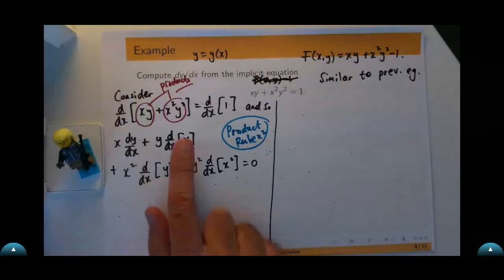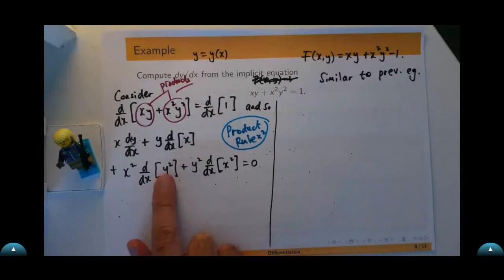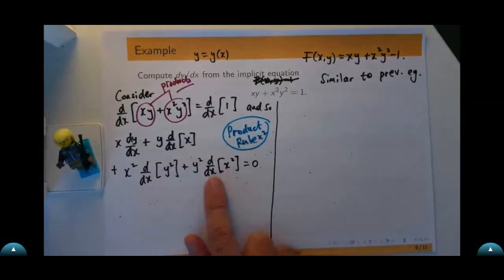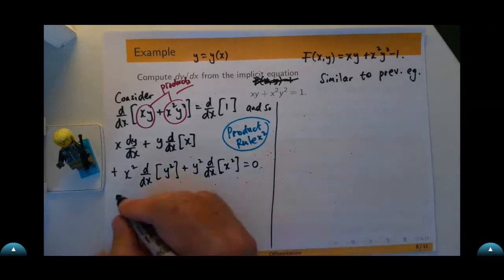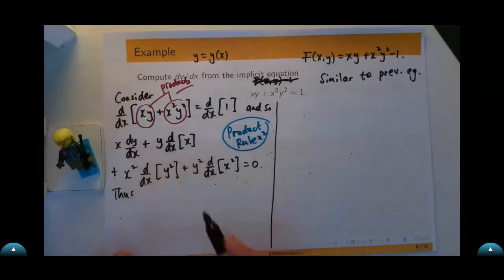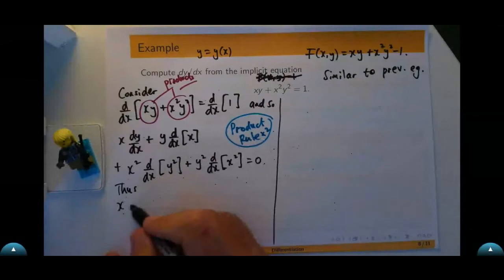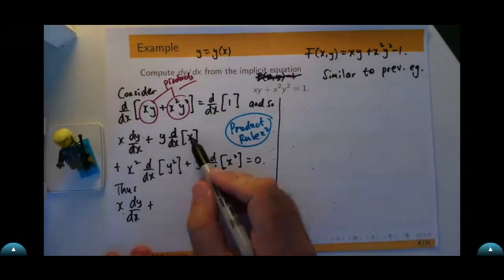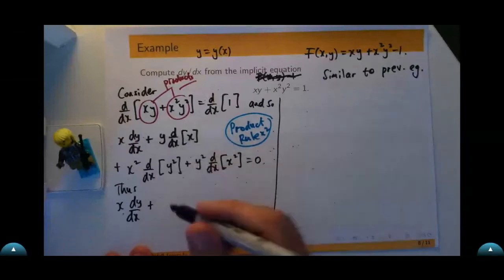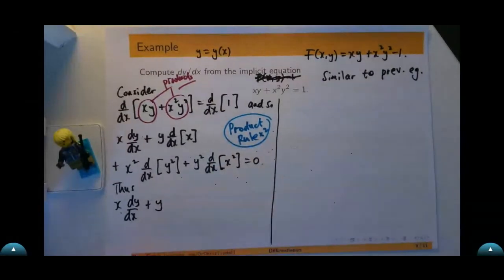Okay, so now we have to work out that which is easy, that which is similar to the previous problem, and that which is easy. Okay. So let's see what we have. So the derivative of x with respect to x is just 1.